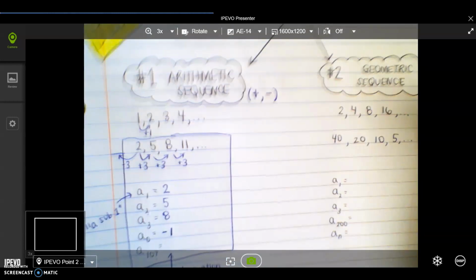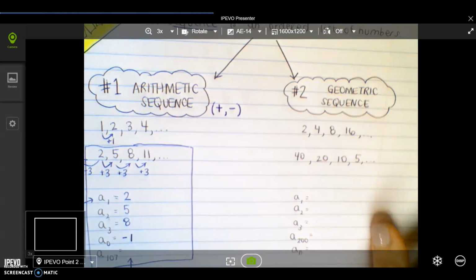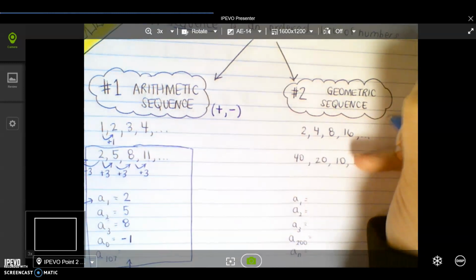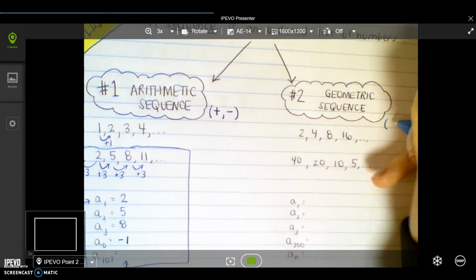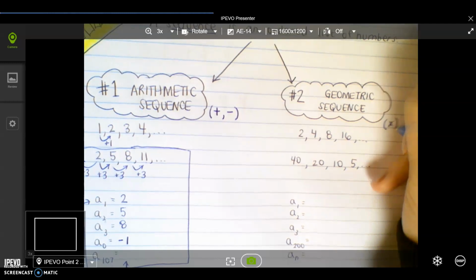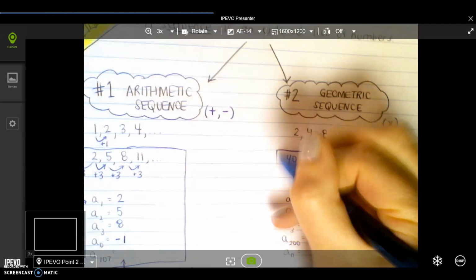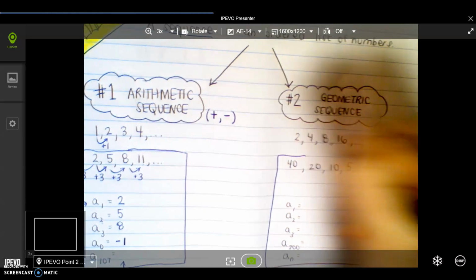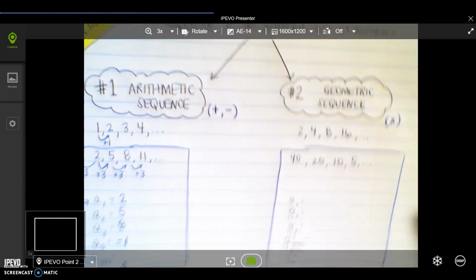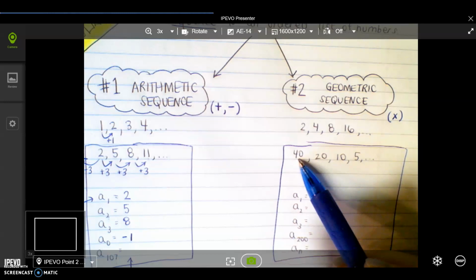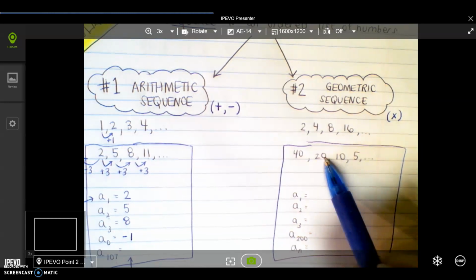Geometric sequences. Instead of being an adding or subtracting pattern, a geometric sequence, you can probably guess by looking at these two examples, is a multiplication pattern. So let's just focus on the second example. I have to figure out what I'm multiplying by to get from the first term to the second term.